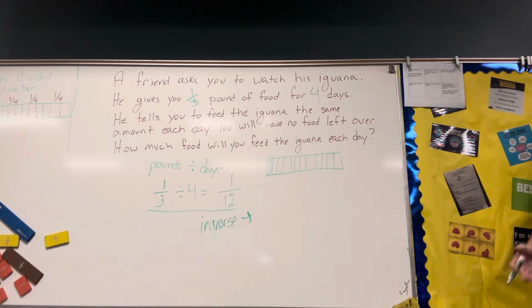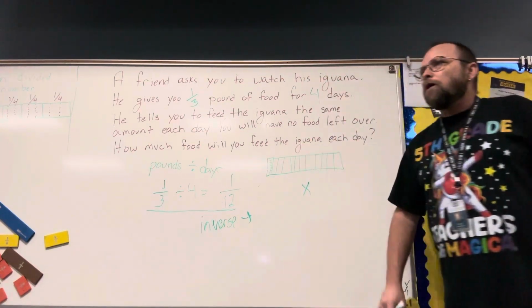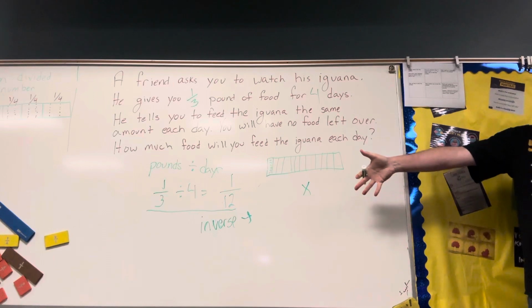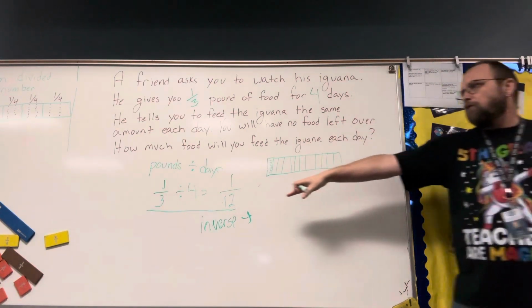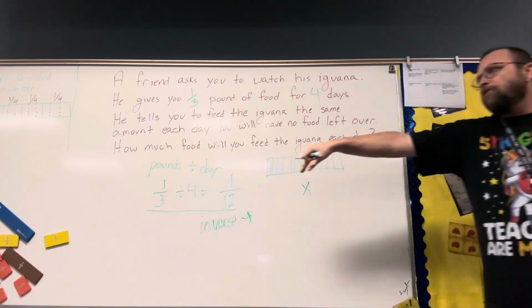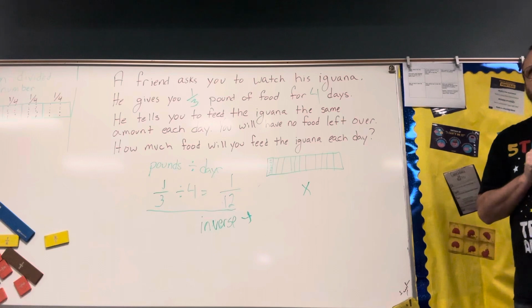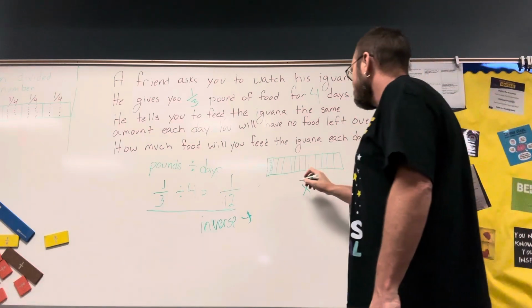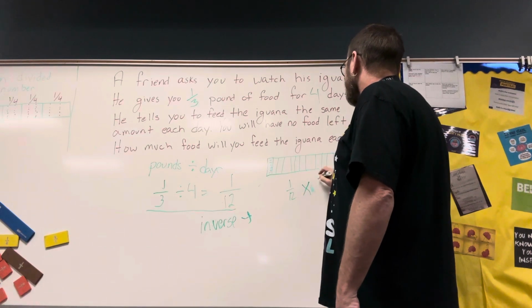What is the inverse of division? Multiplication. So if I write the inverse of this, what multiplication equation would be the inverse of 1/3 divided by 4 equals 1/12? 1/12 times 4. And 1/12 times 4 would equal what?